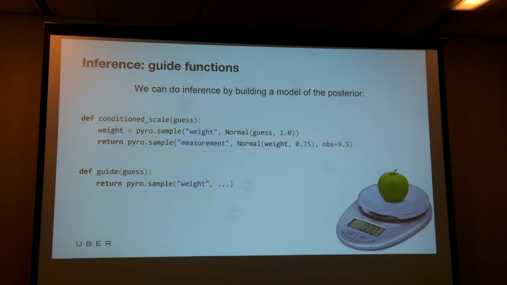So we write another Pyro program, which we'll call a guide program, which may contain a bunch of other code, but must contain a Pyro sample statement for every unconstrained sample statement, in this case weight, which appears in our model.